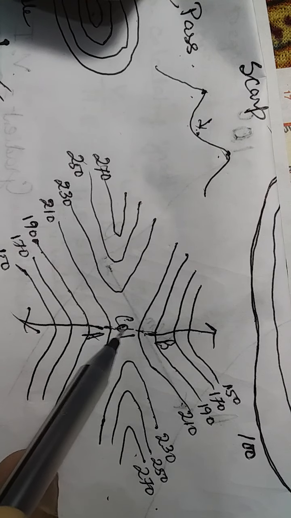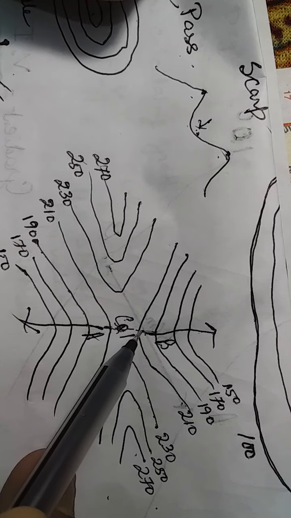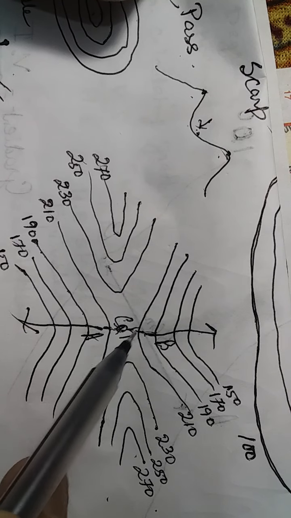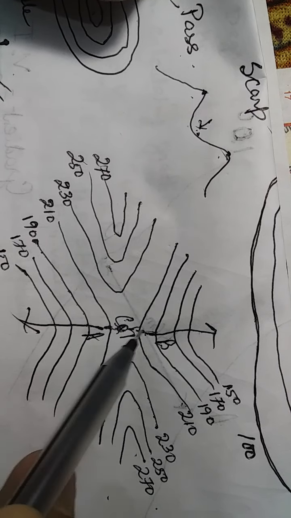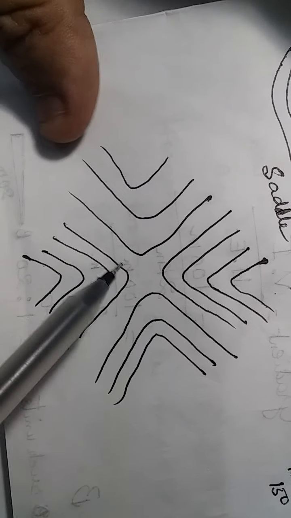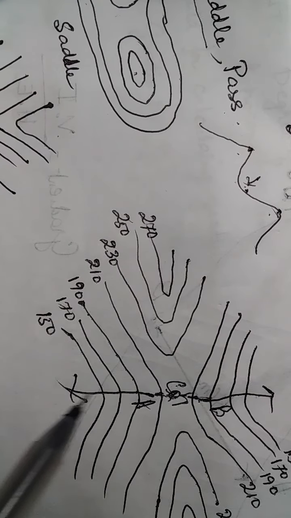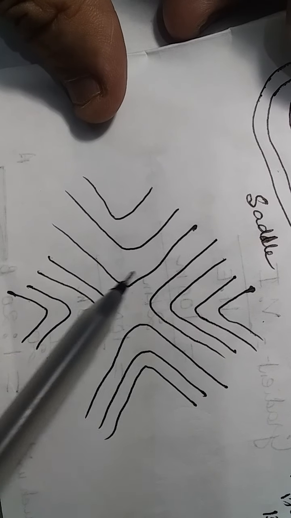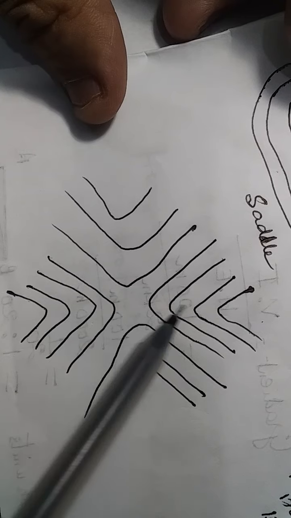This stream will be cutting in this direction, and this stream will be cutting in this direction. So when they cut at each other, that will lead to the formation of a pass. And this is the difference from col. In col, the streams are there. But in the pass you don't have streams, because these two valleys have joined.